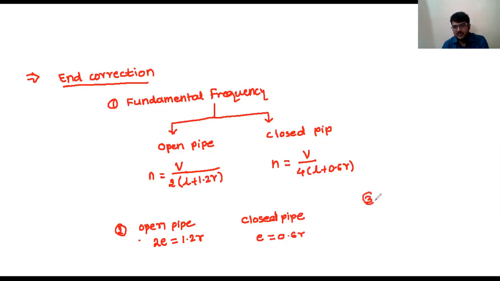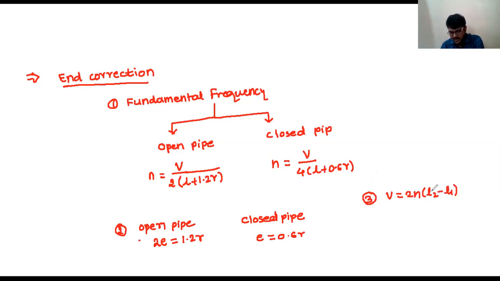And then third thing we have learnt yesterday, that is the relation between frequency and velocity and resonating length, that is v is equal to 2n (L2 minus L1).